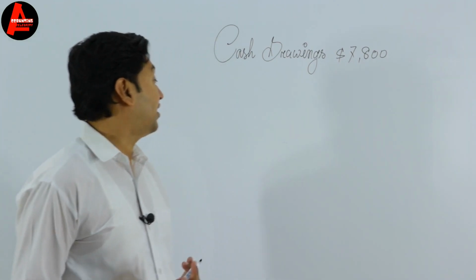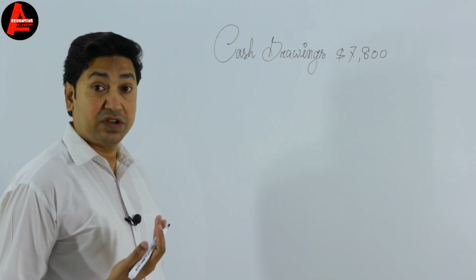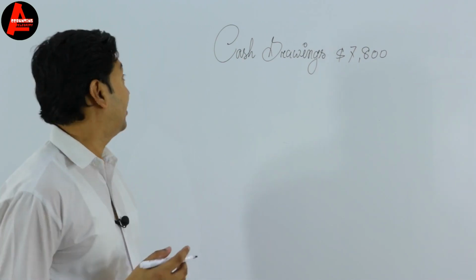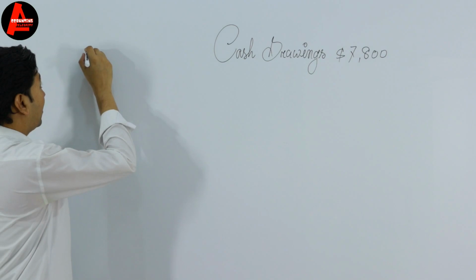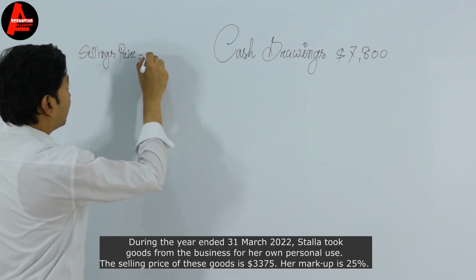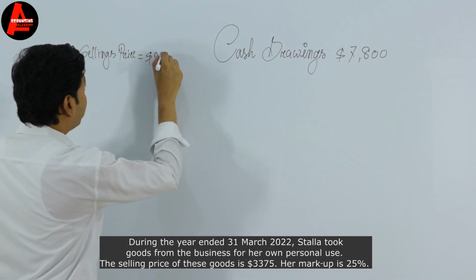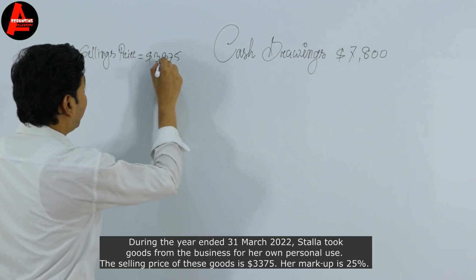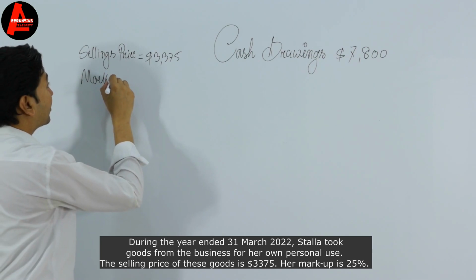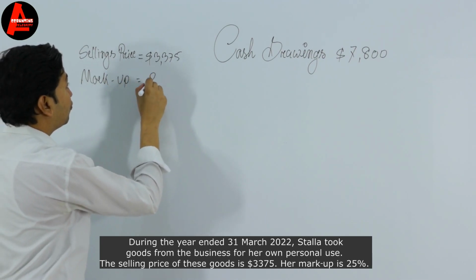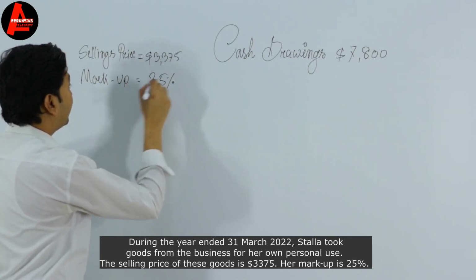Her markup is 25%. So the selling price of these goods drawings is 3,375, and under the question we have the markup of 25%.